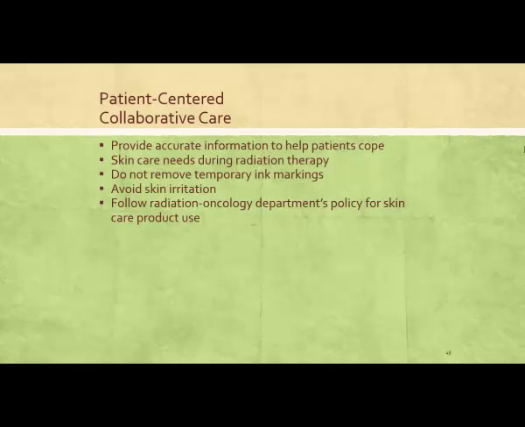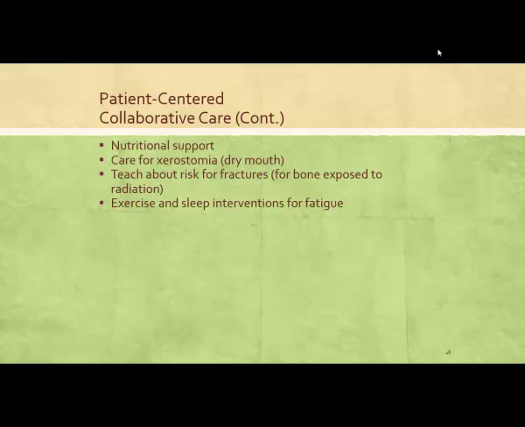So, be thinking about how we can protect our patients, help to decrease anxiety, protect the areas that are not being radiated to help decrease disruption of normal cells and normal tissues, and then protecting their skin as well. We need to think about their nutritional support. Along with that nutritional support, be conscious of them having xerostomia or a dry mouth, which can affect the quality of life and increase the patient's risk for tooth decay later in life.